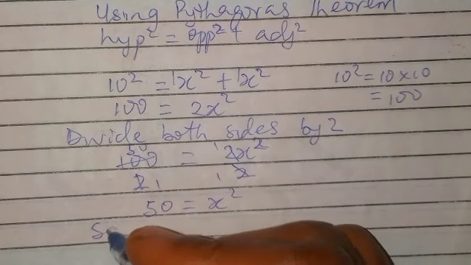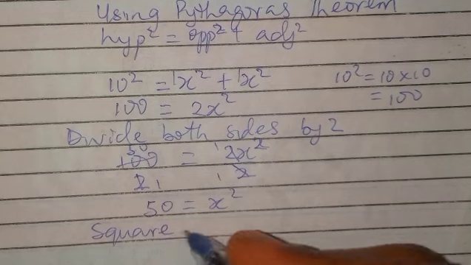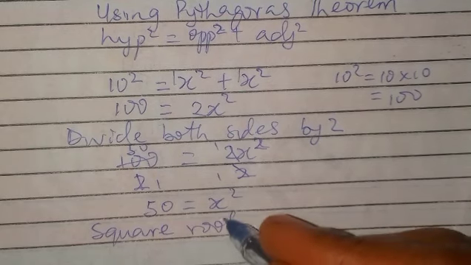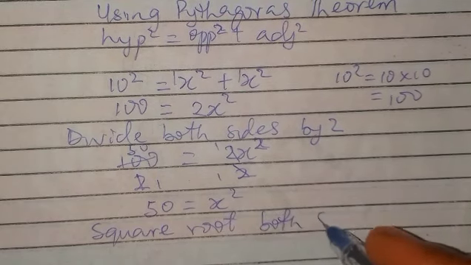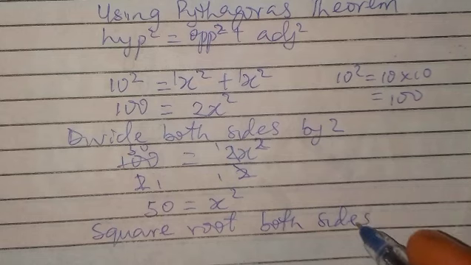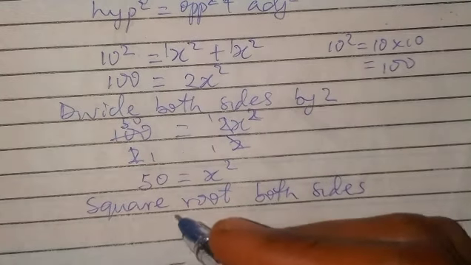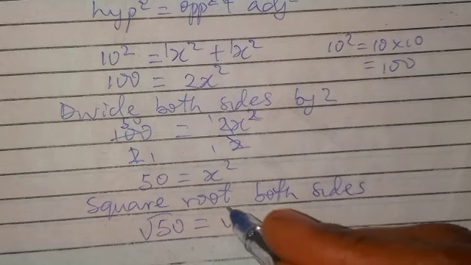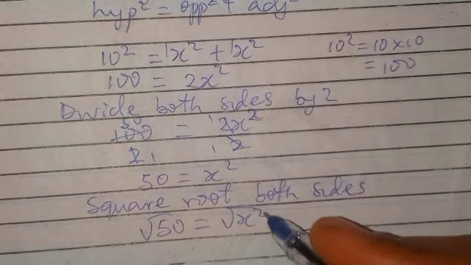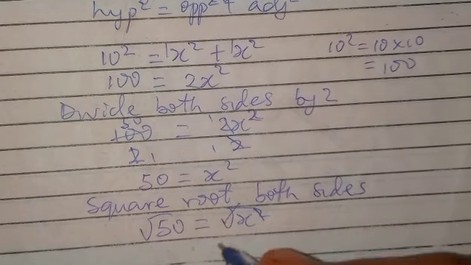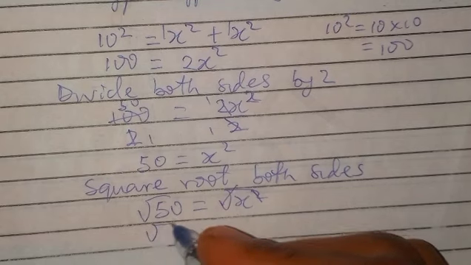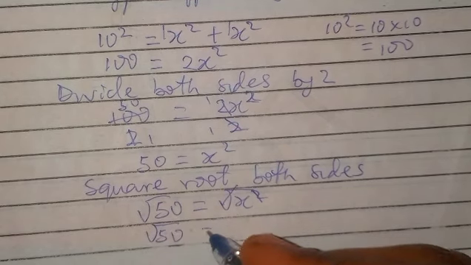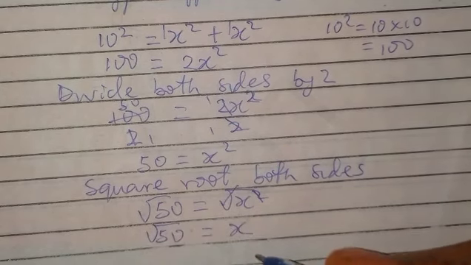Then we take the square root of both sides for us to get x. So the square root of 50 is equal to the square root of x squared. We cancel out the square roots, so we can say that the square root of 50 is equal to x.